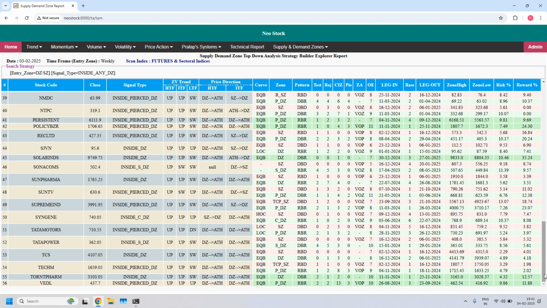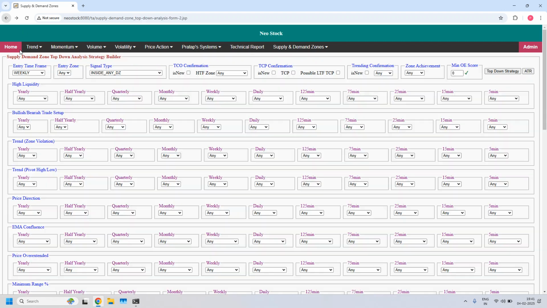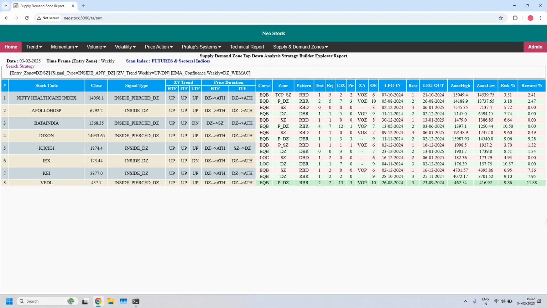We can further filter this list by setting EMA Confluence for the weekly demand zones. So in the EMA Confluence at weekly time frame, I am setting the filter weekly demand zone having weekly EMA Confluence. And the trend on the weekly time frame, when you set EMA Confluence, it should be either up or down. With these filters, we got only 8 stocks.